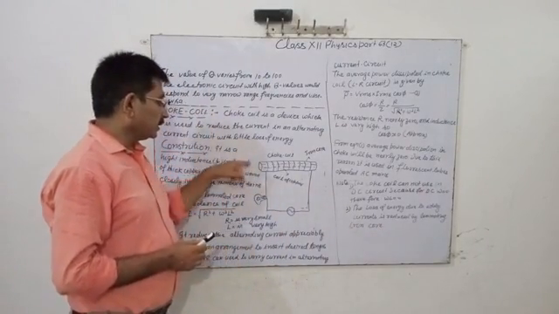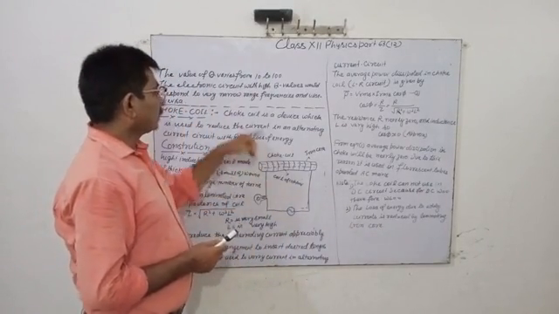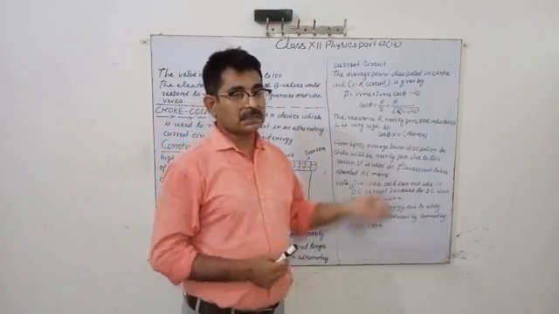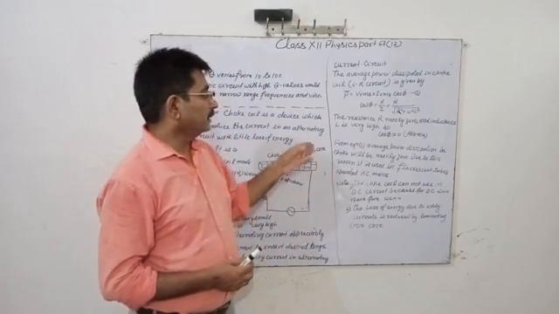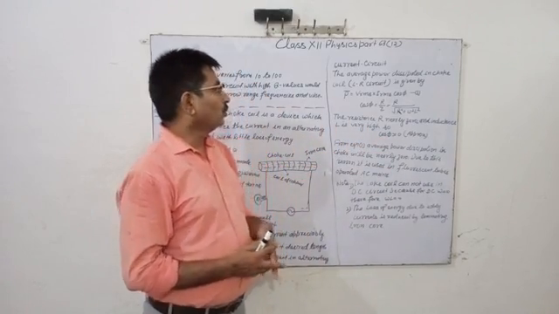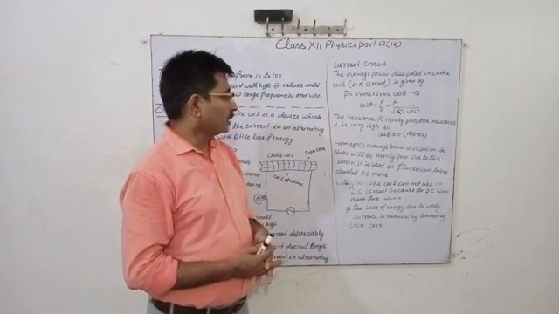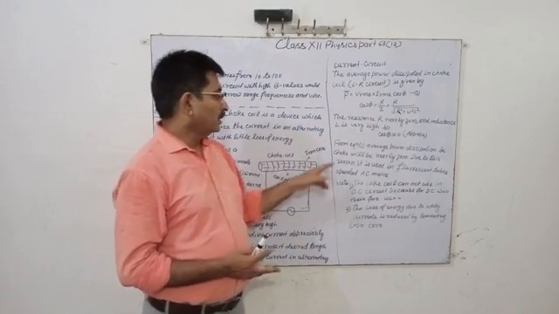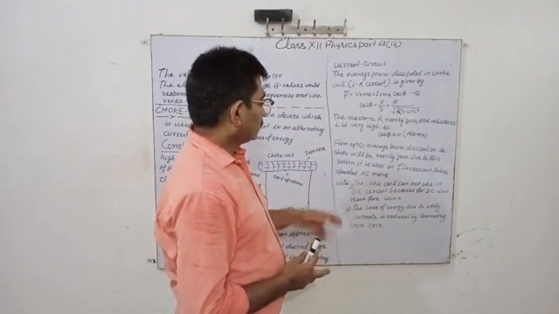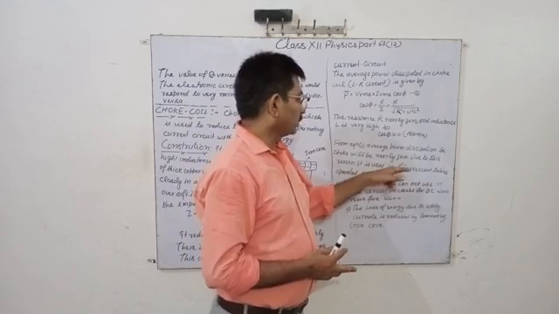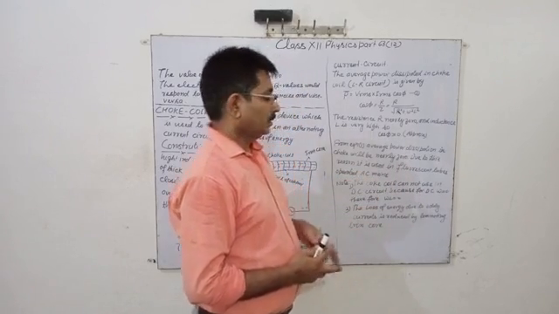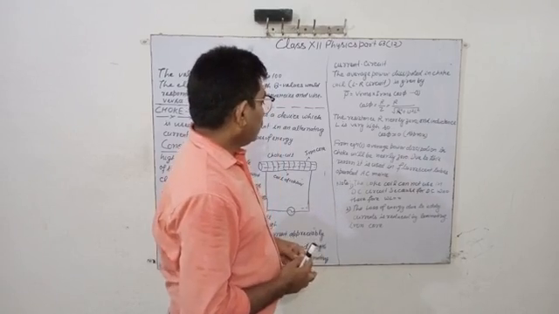Due to this reason, we use thick copper wire, so the resistance is nearly zero, and the inductance L is very high, so cos phi is nearly equal to 0. Therefore, from equation 1, the average power dissipation in the choke coil is nearly 0. Due to this reason, it is used in fluorescent tubes operated on AC mains.